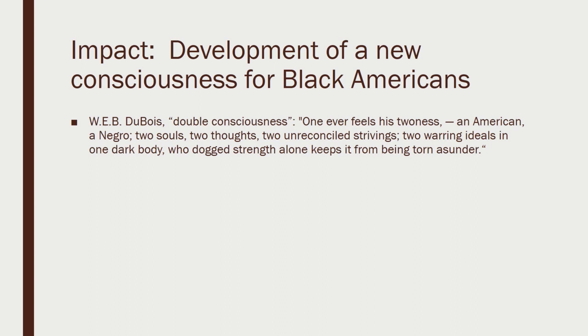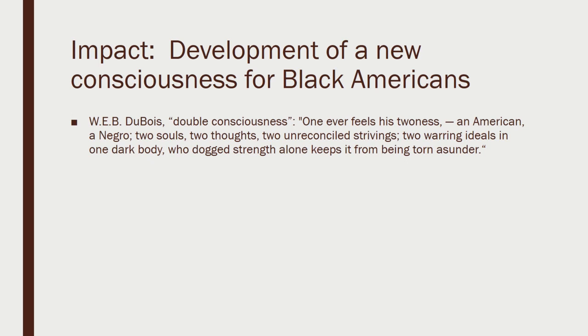So for Du Bois, what he was trying to put forth here is that African Americans were both American and had a Black cultural history that was rich. And so how did those two things get combined and worked out?